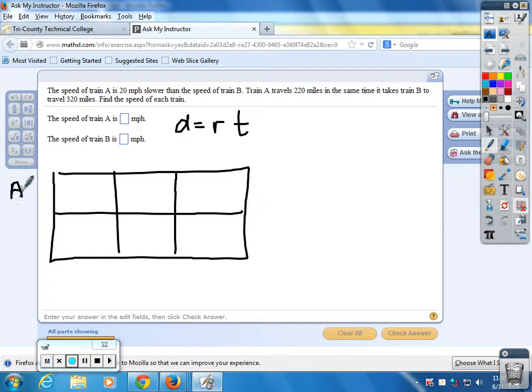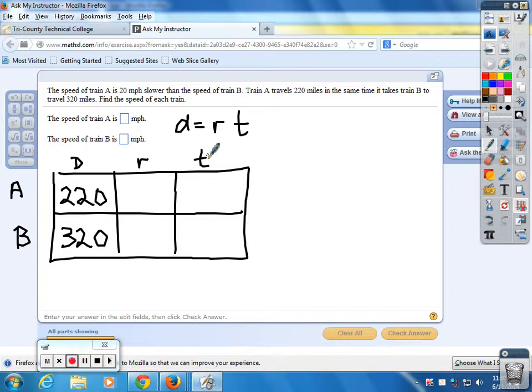This is A, this is B. Train A travels 220. I'll do that for you. And train B travels 320. There you go. What was the problem number? Anybody write it down? It's 27 in the book and number 6 online.